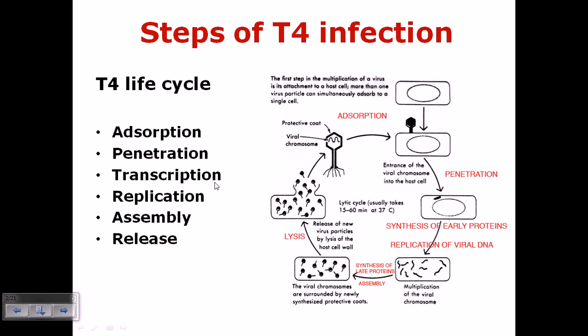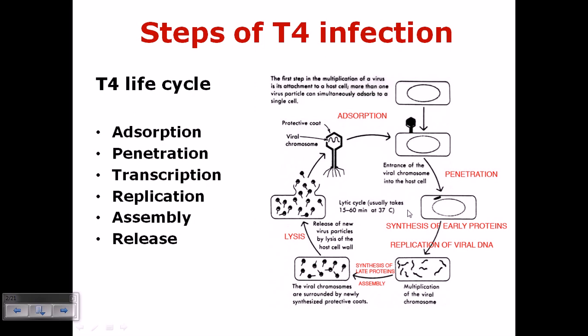Now the third thing is the transcription of that injected DNA inside the host cell by hijacking all the replication, transcription and translation machineries of the host cell. Then the replication of this genome, and once we get many copies of our desired phage genome inside the host cell, along with the necessary proteins to package that genome, we are ready to go, and the phage particles start the assembly.